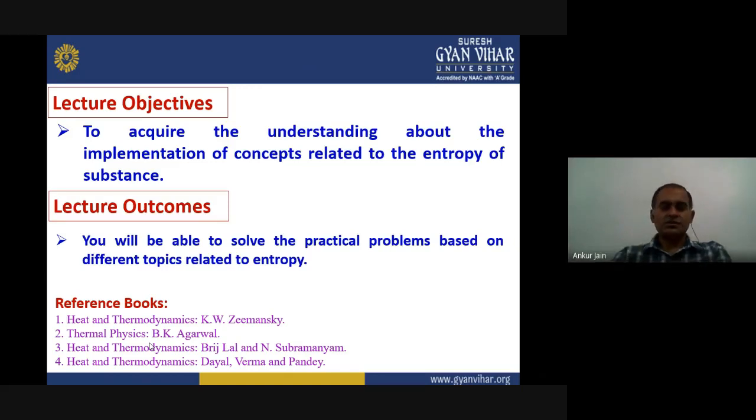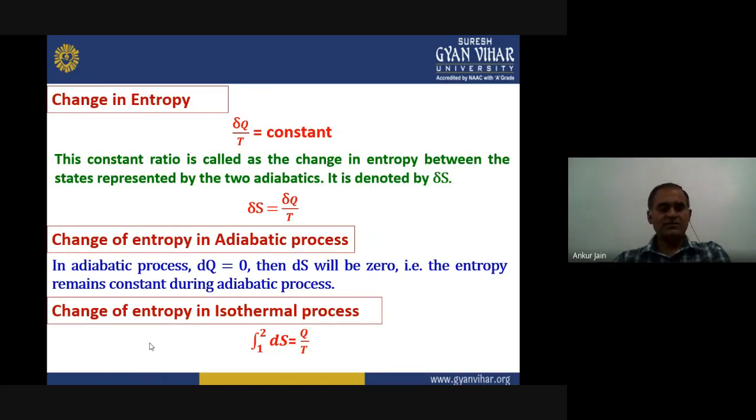Okay, so let us first recall what we have studied in detail in our other lecture. We will recall all the important phenomena and formulas related to the concept of entropy.